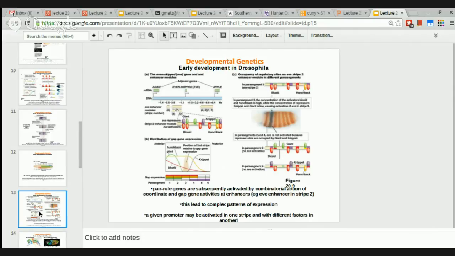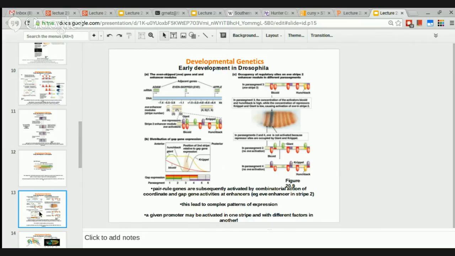Now, here's the pattern of expression of even skipped. And you see I have 1, 2, 3, 4, 5, 6, 7 stripes. And these delimit parasegments.